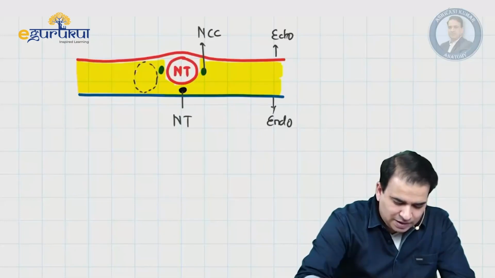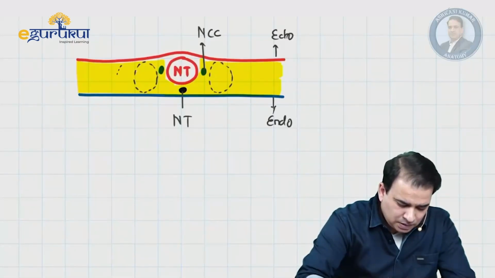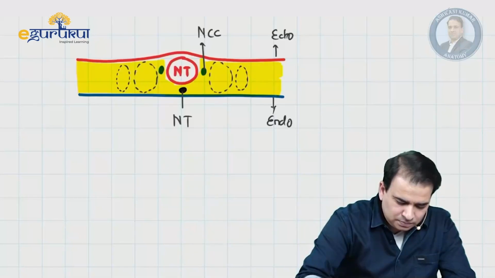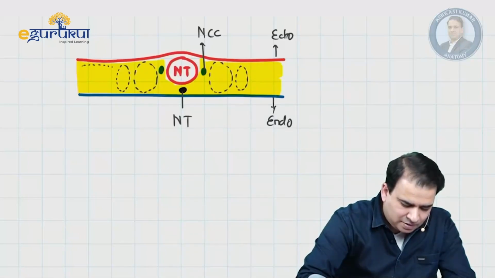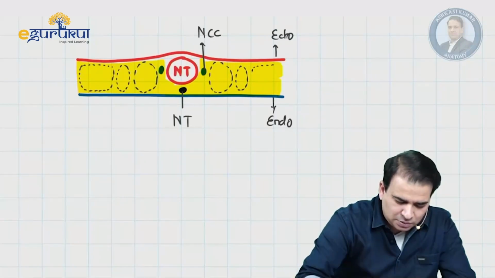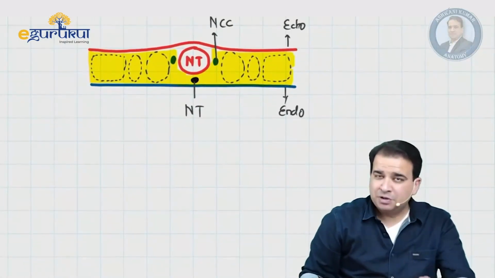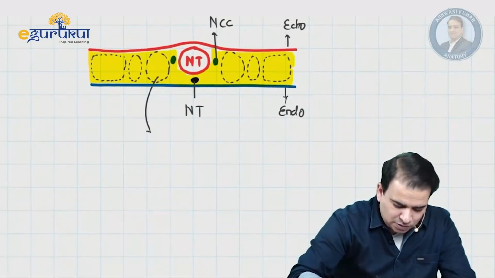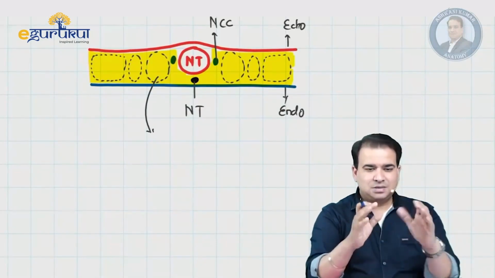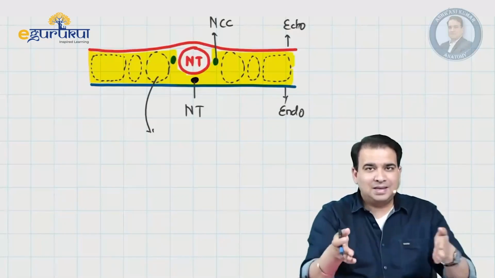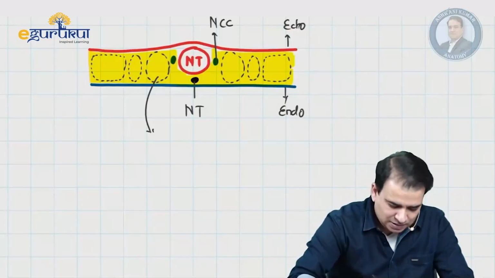What you'll see, there is a subdivision of the mesoderm as well. So the mesoderm will be seen dividing into the para-axial mesoderm. There will be an intermediate mesoderm. And there will be the lateral plate mesoderm. I'll show you one very nice comparative picture also for that. So this mesoderm that you see, neural tube is like an axis, so it is just next to it. We call it para-axial mesoderm, next to the axis.